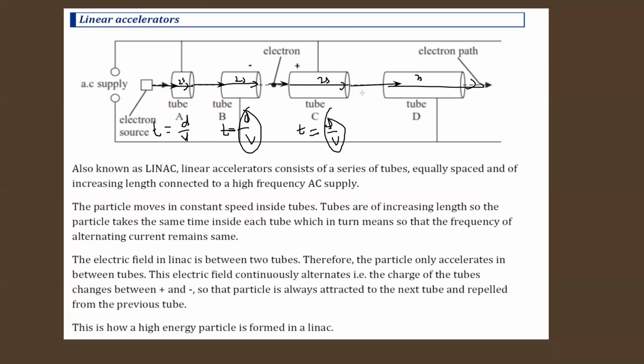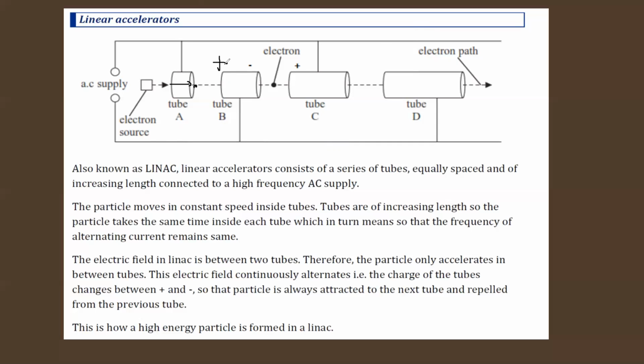The reason is that otherwise, when the potential changes, if the electron is moving and reaches this point, we should have a positive potential here so that the electron is accelerated. When next time it comes to this point, it should receive a positive potential. But if it is not taking the same time, it might not receive the same potential.